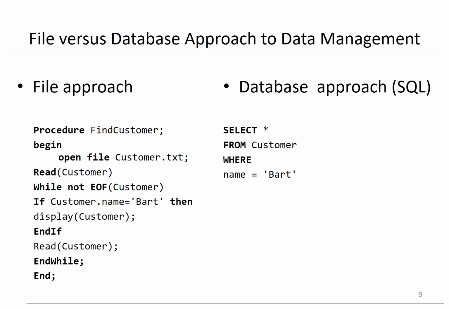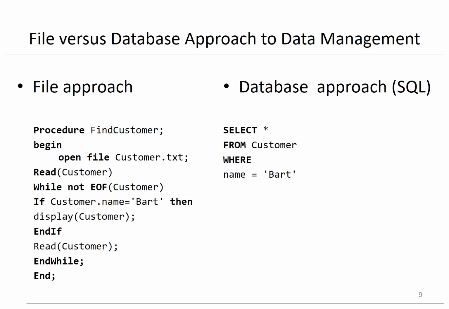An example SQL query that gives the same output as our pseudocode to the left is shown to the right of my slide. Here, you only need to specify what information you want. In our case, we want all customer information for customer Bart. This SQL query will then be executed by the DBMS in a transparent way.